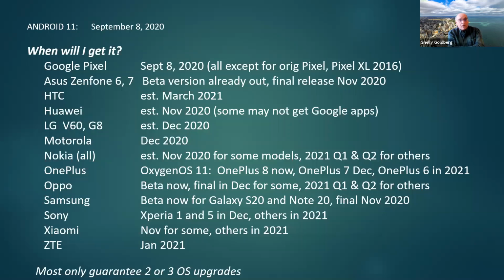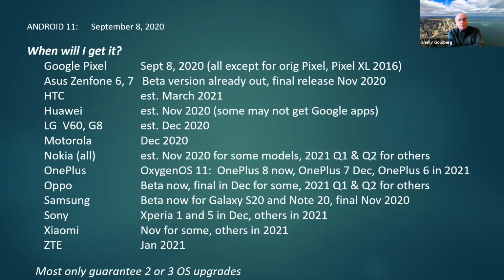Huawei has been having some issues with getting recognized in the United States for security reasons, so they're not using the official Android 11. It's their own version of Android 11. It's expected this month, but there will be some Google apps that you may not be able to get if you're using a Huawei phone.